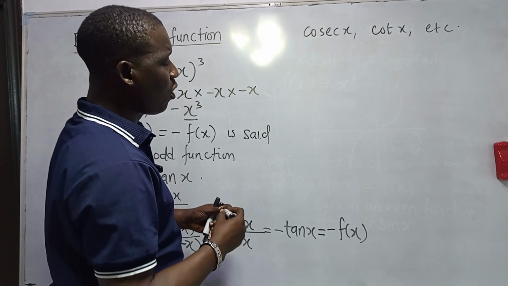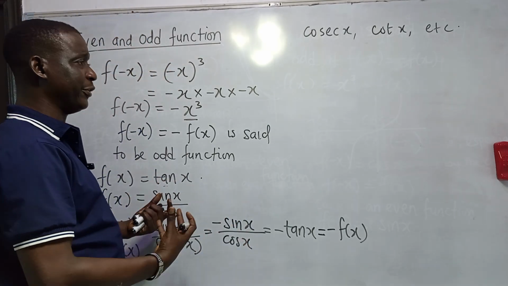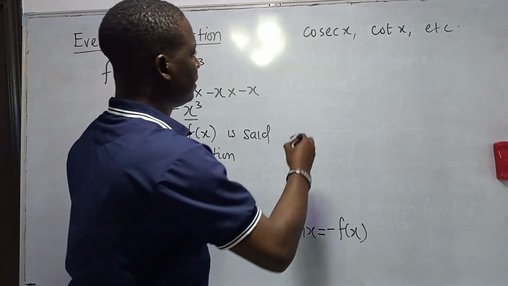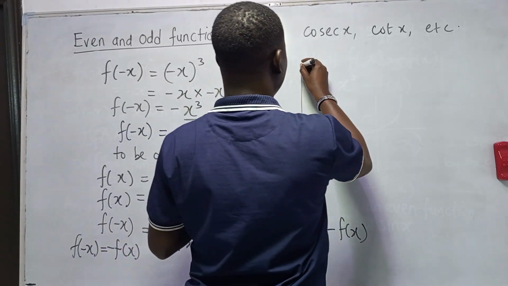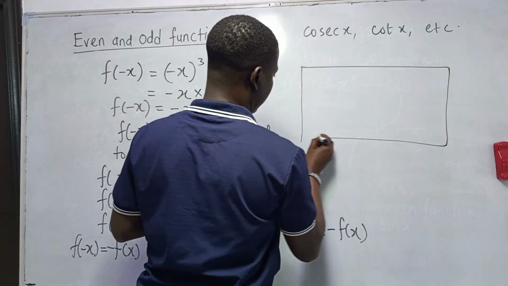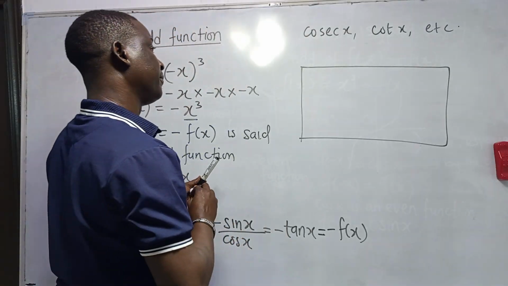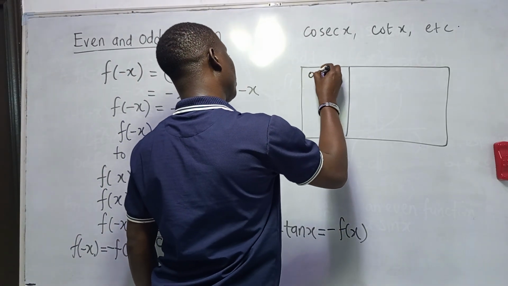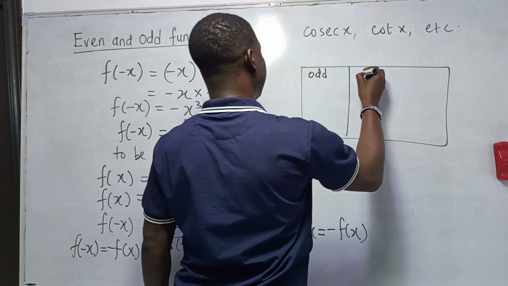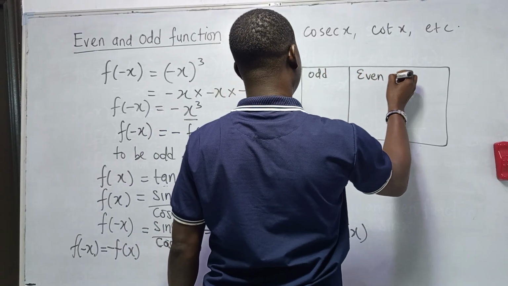But now let us come with a kind of shortcut. Let me give you a table that will help us to know a function easily. In this table, let's say we have odd and even.